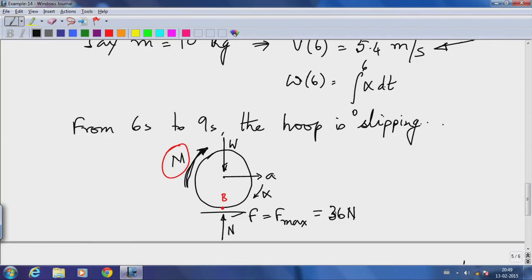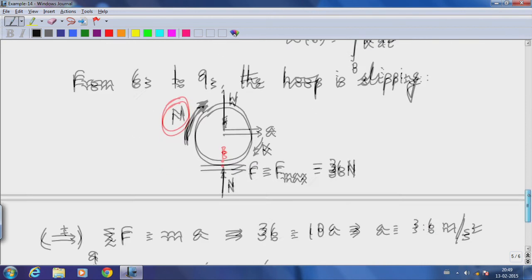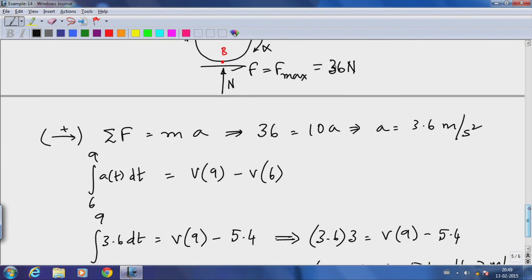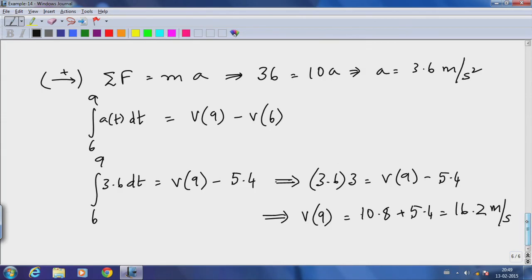So, the first instance is analyzing motion under no slip, and then from 6 seconds to 9 seconds the hoop is now slipping, which means the traction force is the maximum possible, which is 36 newtons, and under that condition I get an acceleration of 3.6 meters per second squared. The end result is motion under no slip.